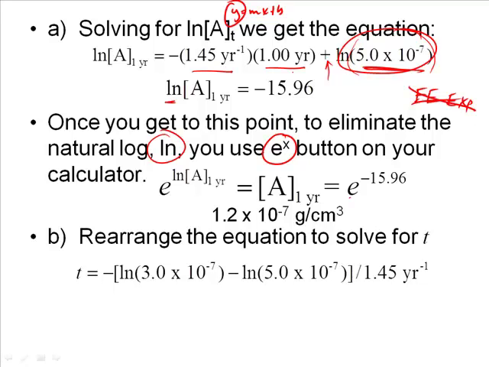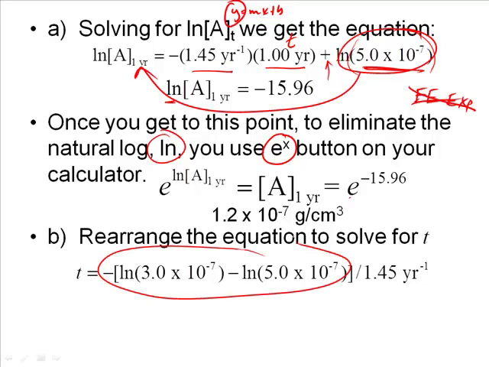If we look here, here is our time factor, so we subtracted that back over to this side. To get rid of the K value, we have to divide by negative K. Here's the negative part of that, and here's your K value. Again, we're just putting numbers into the equation and solving it.